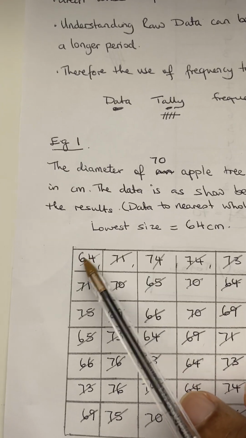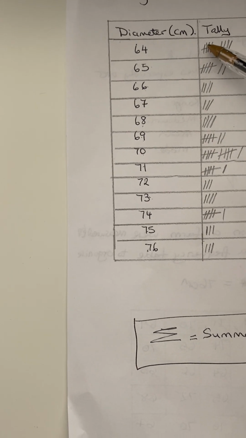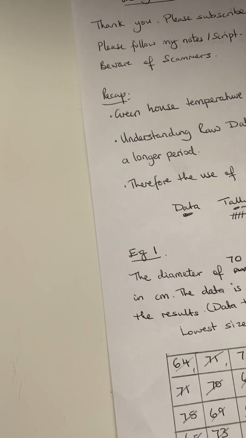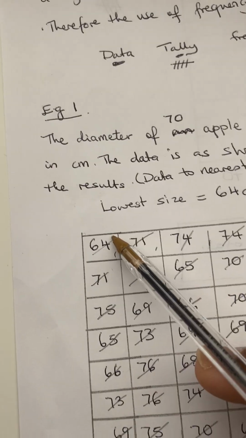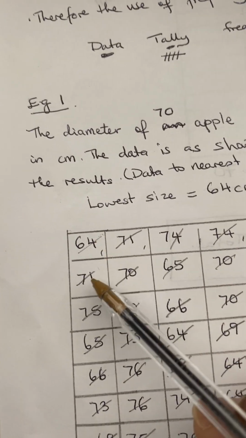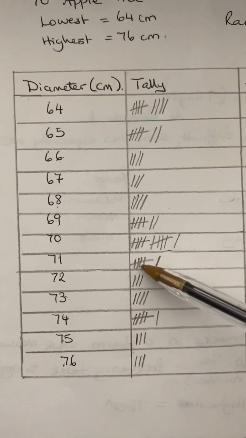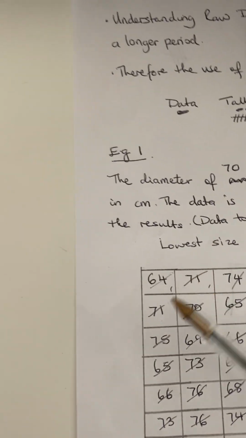So 64 here, I went on and gave a stroke there, and then I cross it out with a pencil to show that I have labeled it. 71, went back, looked for 71, gave a stroke here, and then came back and crossed it off.